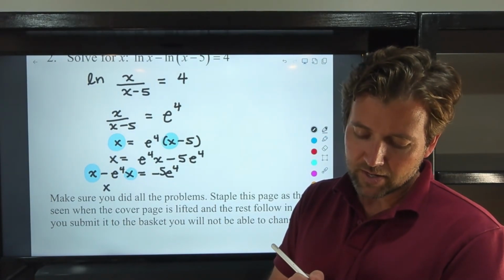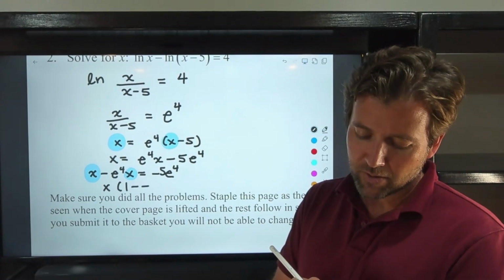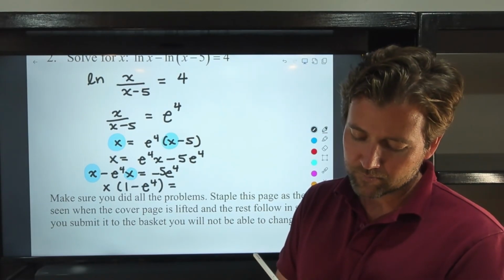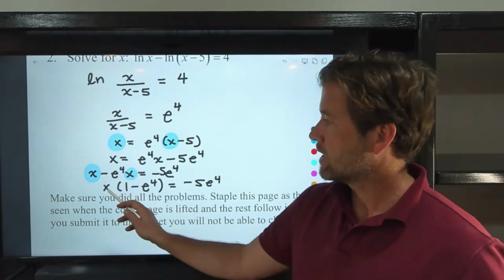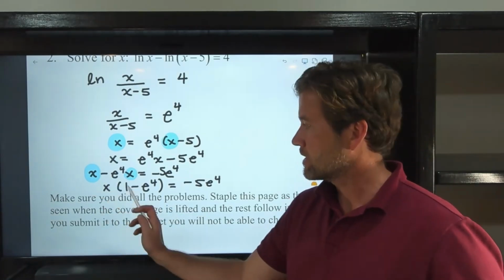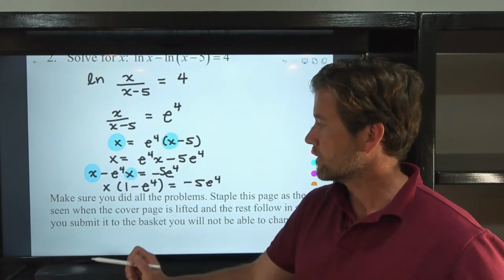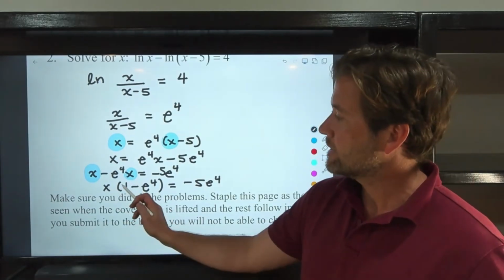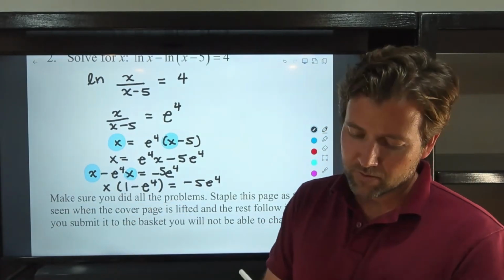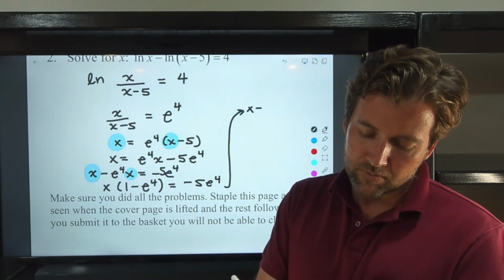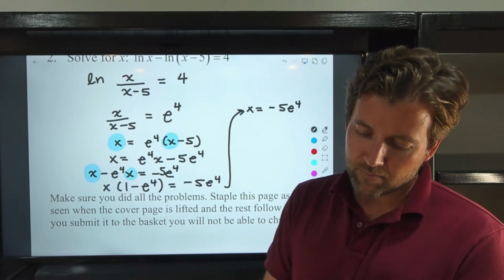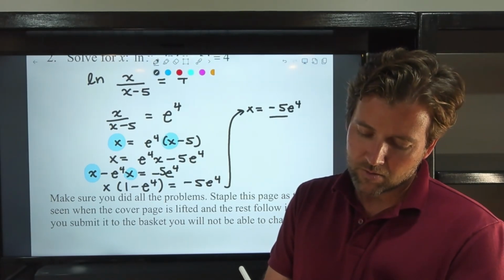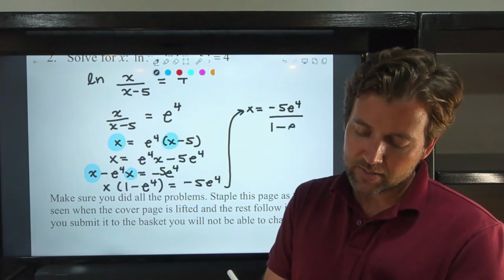So I'm going to factor out x, and I get x times 1 minus e to the fourth. x times 1 is x, that checks out. x times negative e to the fourth is this term here. So this says x times this number here. So I'm going to divide both sides of the equation by 1 minus e to the fourth.